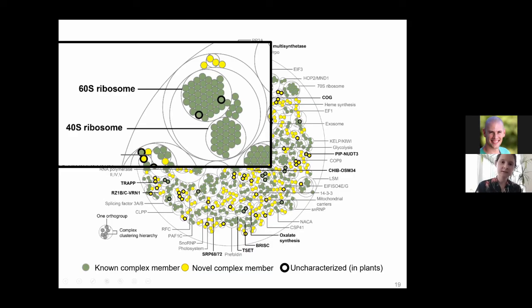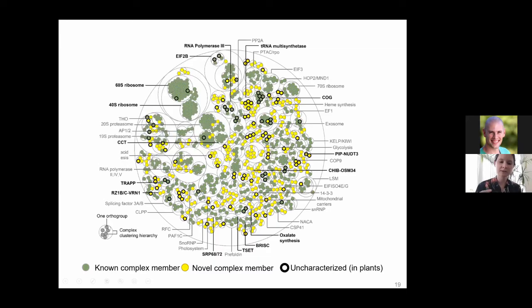This plot is colored green for known annotated complex members in plants. If it's yellow, it is a novel complex member. And so we have multiple complexes that are entirely composed of proteins that are not known to be in complex with each other. The things in darker circles are uncharacterized proteins in plants, which means they come with no annotations in UniProt or Arabidopsis on their function.